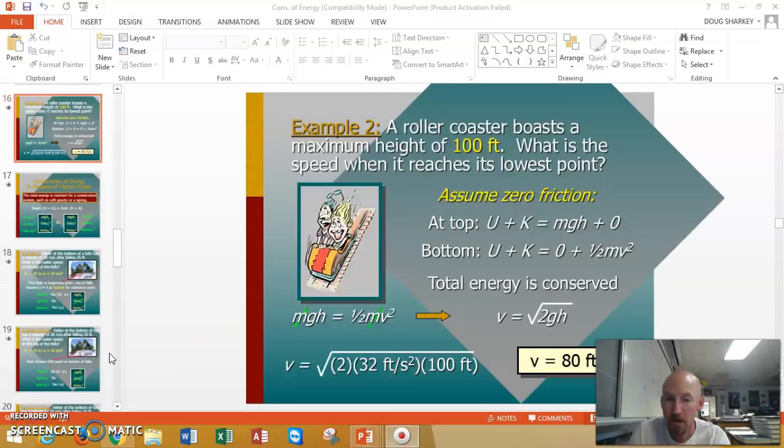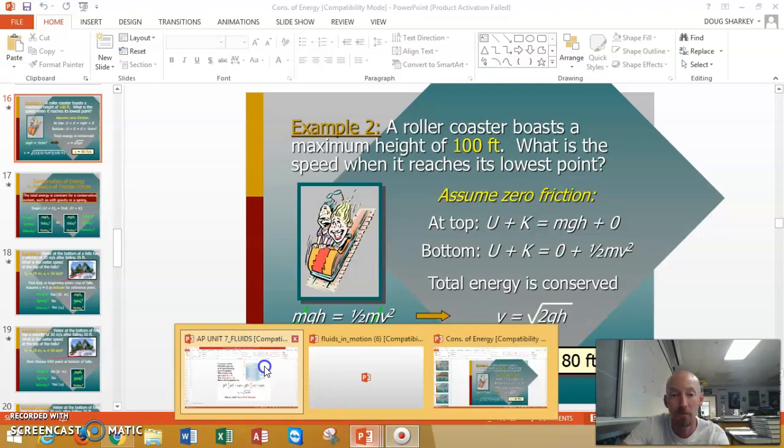If you recall, there was a video from last week, and you had to calculate the speed of this roller coaster car at its lowest point. And we did the same thing there. We used conservation, mgh equals 1/2 mv squared, and we got v is equal to the square root of 2gh, which is pretty cool.